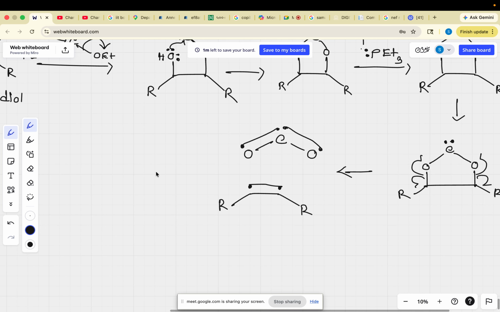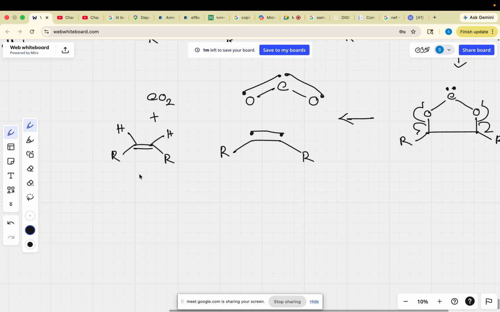Write it down like this: CO2 plus alkene compound you are getting. Clear? Any doubt? No doubt, fine.